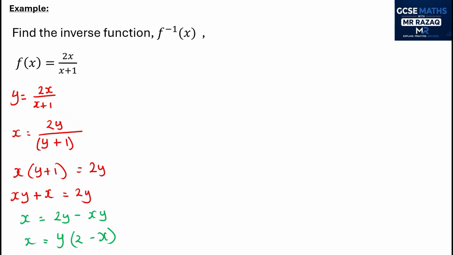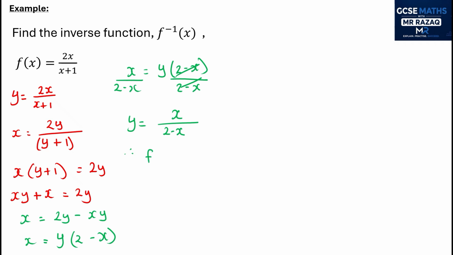Divide both sides by 2 minus x. Cancel out. You're left with y is equal to x over 2 minus x. And you're done, because you can rewrite this as f inverse x equals to x over 2 minus x.